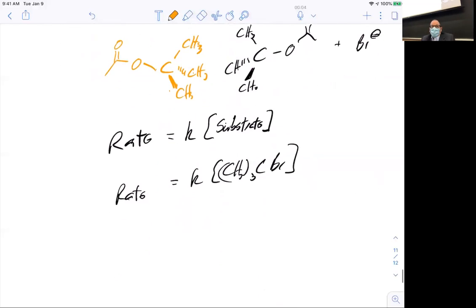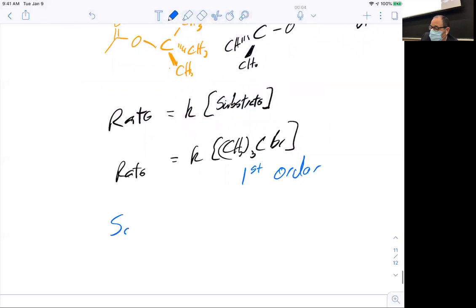So when we're looking at the rate, it's only a first order reaction. And that's where this one gets its name, which is substitution nucleophilic first order.